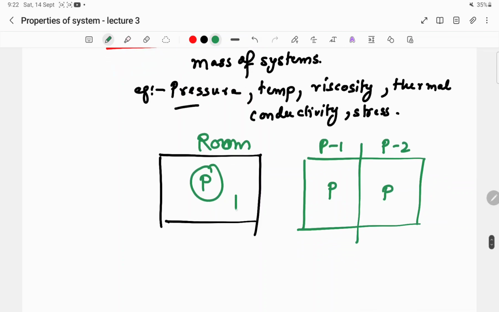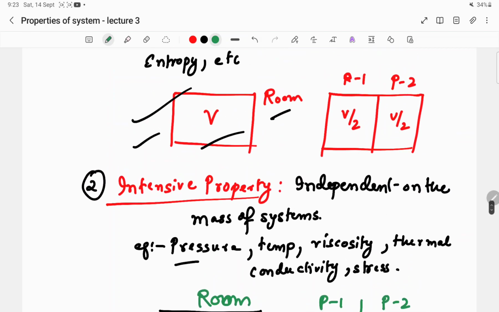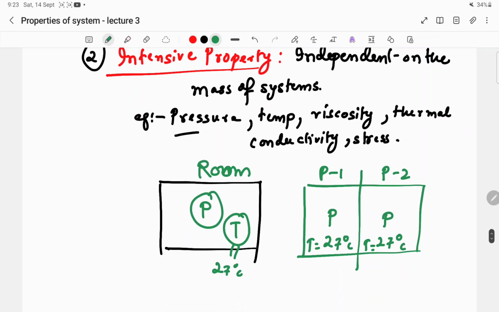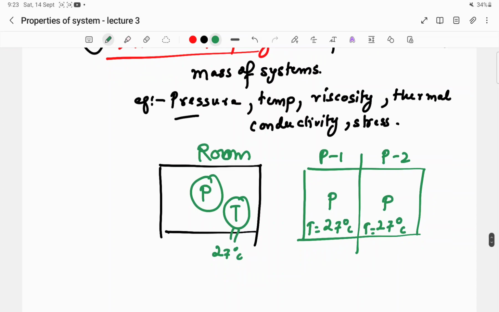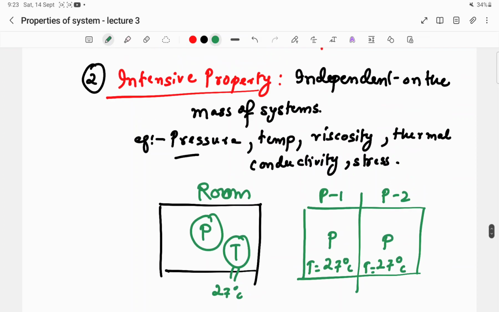You can say the same for temperature. If the temperature is, let's say, 27 degrees Celsius, here also it will be 27 degrees Celsius and here also 27 degrees Celsius. The temperature won't be divided like the volume has been divided. So if you cannot divide it, if it remains the same even after dividing, you can simply say it is an intensive property.